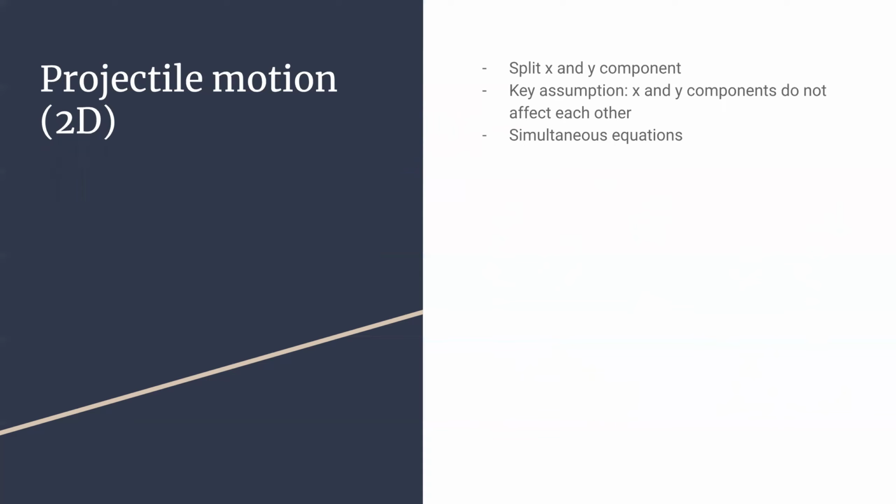So for example, if you throw a ball on Earth, there's a downward acceleration towards the Earth because of gravity, but the downward acceleration does not affect the horizontal displacement or the horizontal velocity of the ball at all. So that's a key assumption in projectile motion.